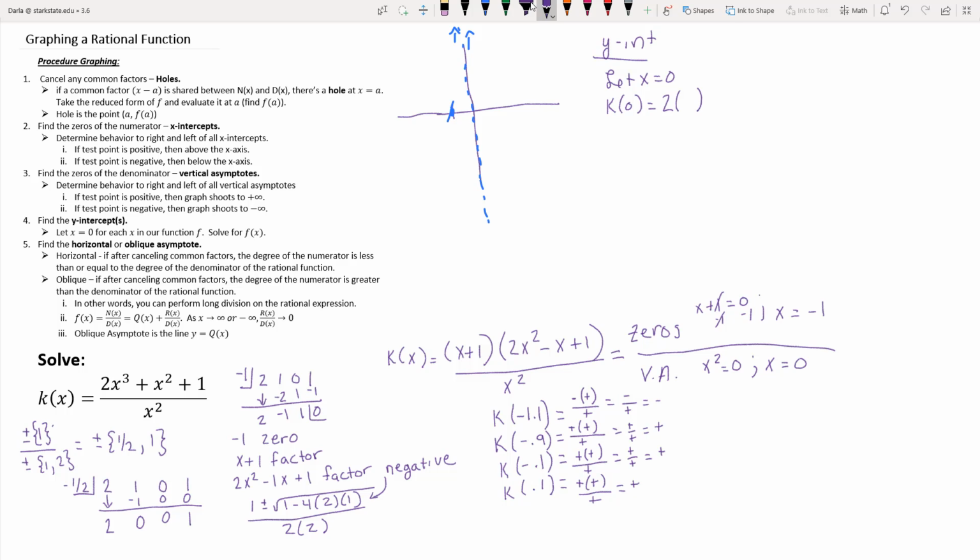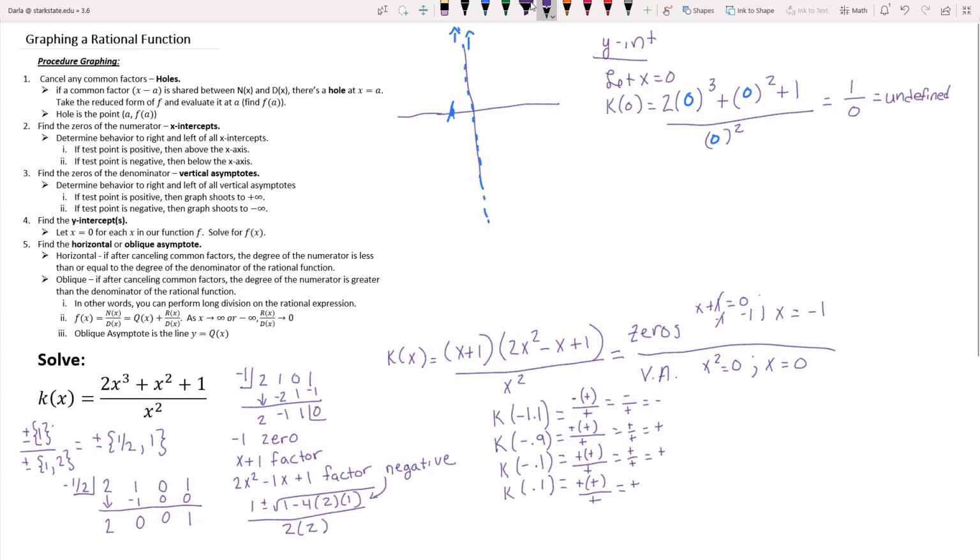So where there's an x, put in 0 and see what the result is. But if we do that, we would see in the numerator we're left with 1, and in the denominator we're left with 0, but 1 divided by 0 is undefined. And so what this means is that there's no y-intercept. Okay, so there's none. So it's not going to intersect the y-axis, is what this means.